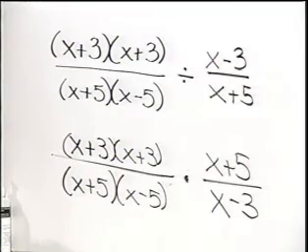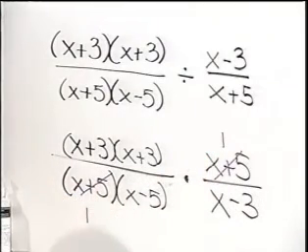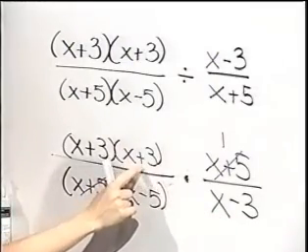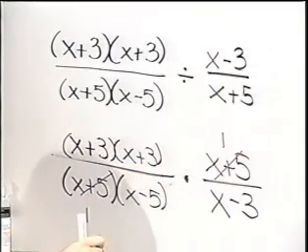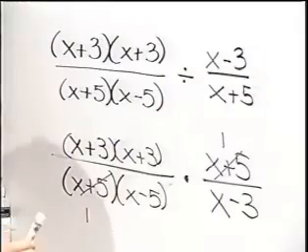And now, cancel. Is there anything that we can cancel? Well, you can cancel an x plus 5. Is there anything else that can be canceled? Well, you might be tempted to say x minus 3 can cancel, but it can't because this is x plus 3. There's nothing else that cancels here, so we just have to multiply now.